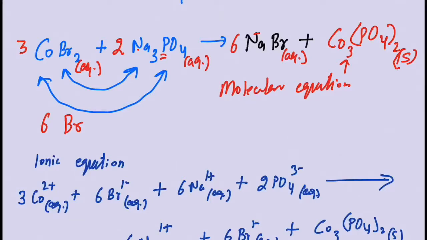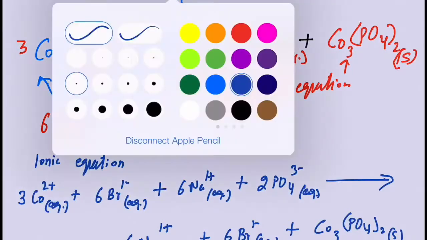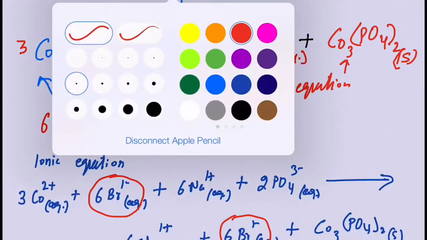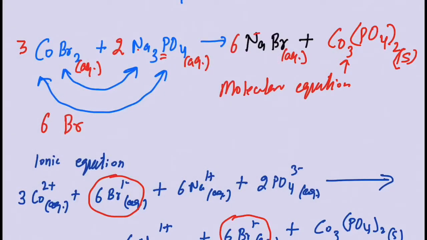So let's see what the common ions we have in the ionic equation. So we got 6 bromides on both sides. So I got this bromide right there and 6 bromide right there. So those are going to be your common ions as one of them. The other common ions you're going to have would be the sodiums. So both of those are going to cancel out.